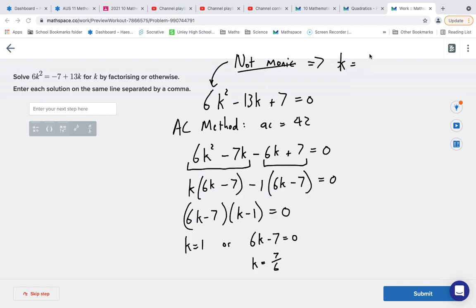So we could say we've got 13 plus or minus the square root of your b squared term, which is 169, minus your 4ac, so 4 times 6 times 7, and then you'll have your 12 on the bottom, right? And you should be getting the same solutions, either 1 or 7 on 6, once you go through that and tidy it up.